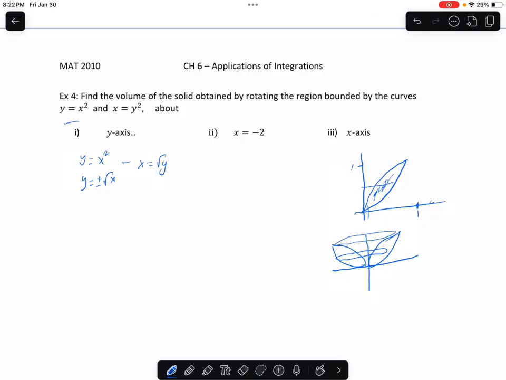We should get everything in terms of y for the first case. So x is equal to plus minus square root of y, and the other one is x is equal to y square. So this one will be x equals square root of y, outer, and this will be inner.